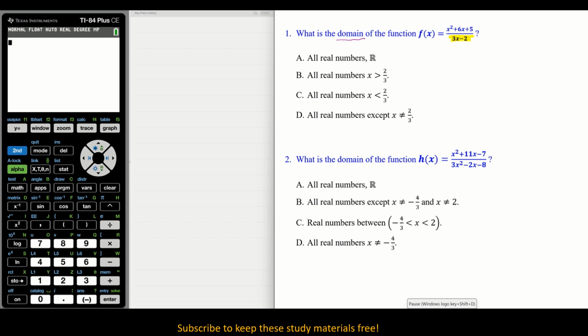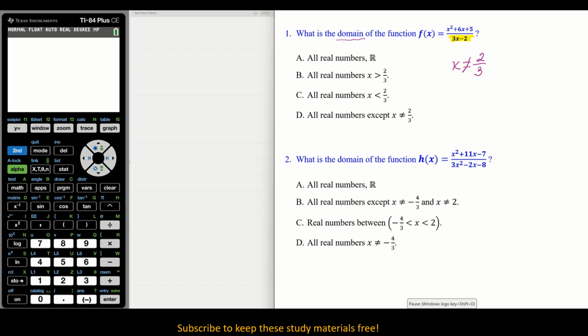So if we quickly solve for x, we will get 2 over 3. This means that x cannot equal 2/3. If we plug in 2/3, then our denominator will equal 0, and that's not valid. That's one of our restrictions.